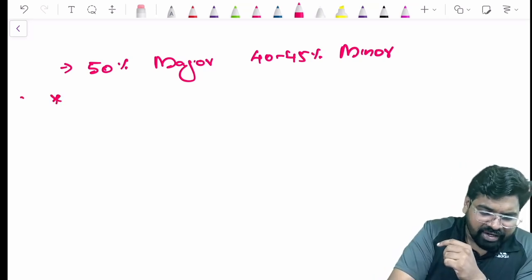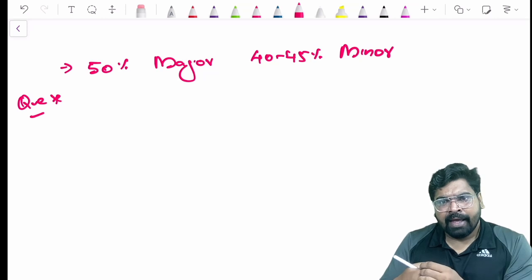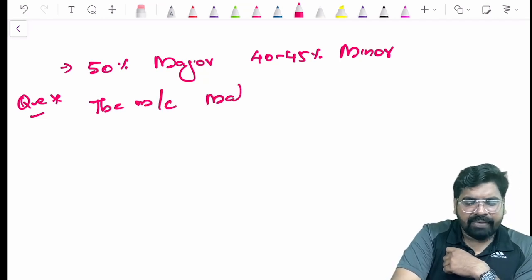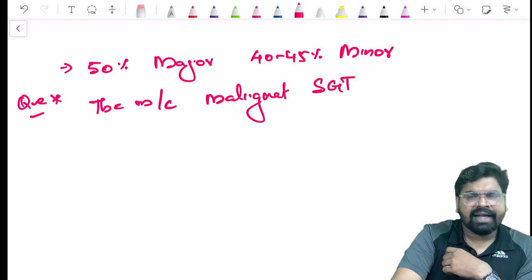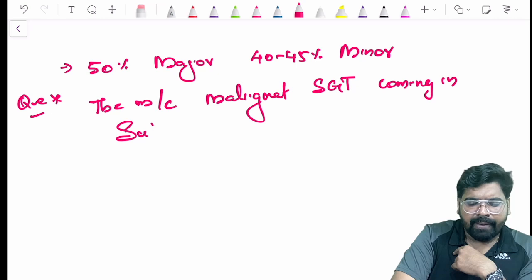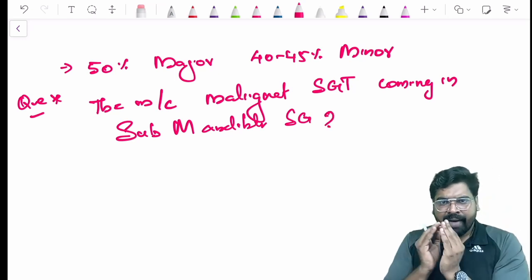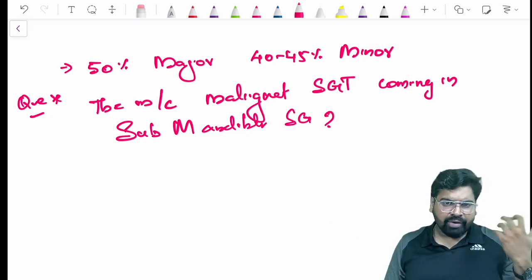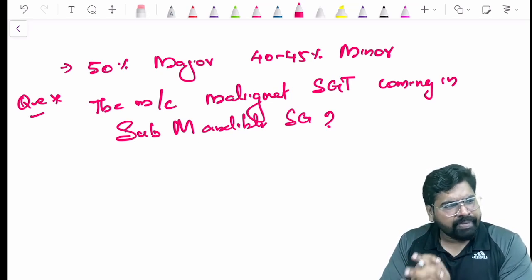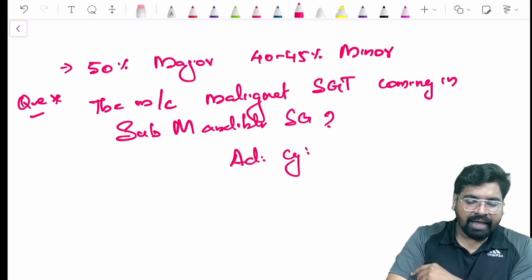And there is one interesting question regarding the occurrence of adenoid cystic carcinoma. If you talk about the submandibular gland alone, ignoring the parotid and the sublingual, and ask which tumor comes more in the submandibular gland, it is adenoid cystic carcinoma.